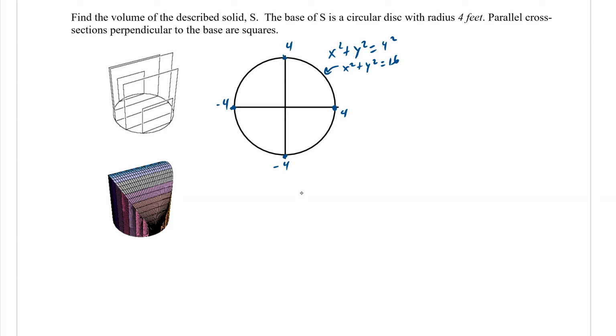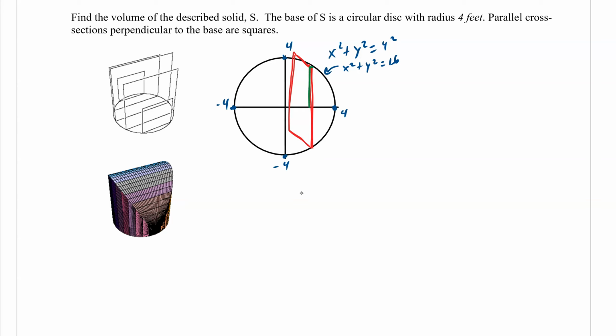Now that we have a circle, all we have to do is think about how that shape fits. If I were to draw this like a square, and obviously it's not a perfect square, but you get the idea, that's one square. If I can find one dimension of this perfect square, I can then use it to find the formula for it. Look at it.